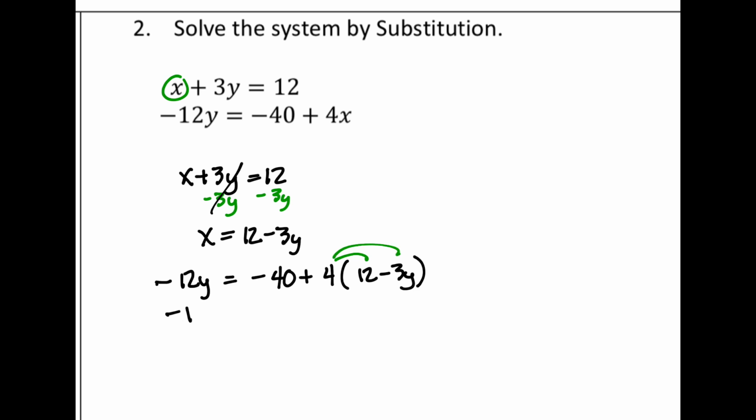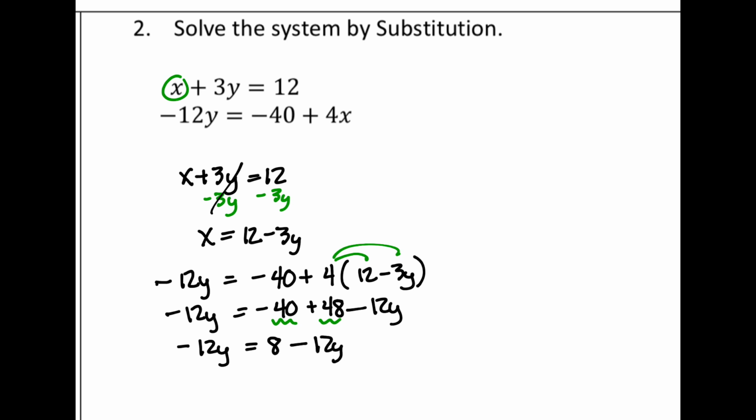So I get -12y is equal to -40 add 48 minus 12y. Okay, you've got multiple steps you could do next. I'm going to combine like terms. So we have this one and this one gives me -12y equals 8 minus 12y.